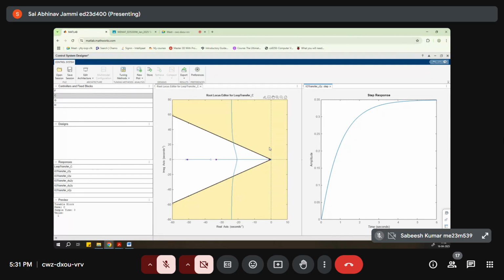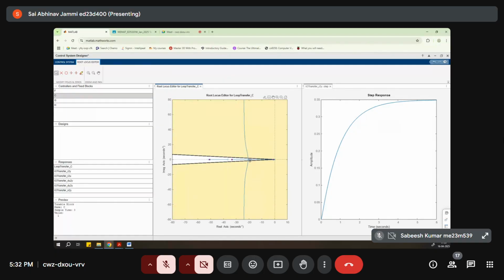Yeah, this change also please make in the document. The maximum peak overshoot, change it to less than 4%, right? Now, we'll move our poles.